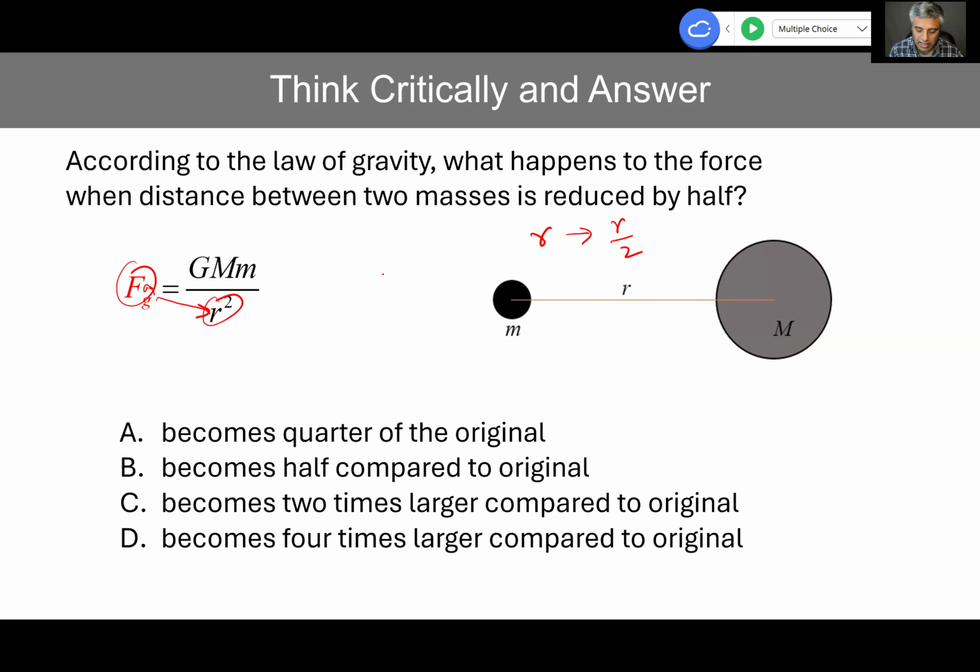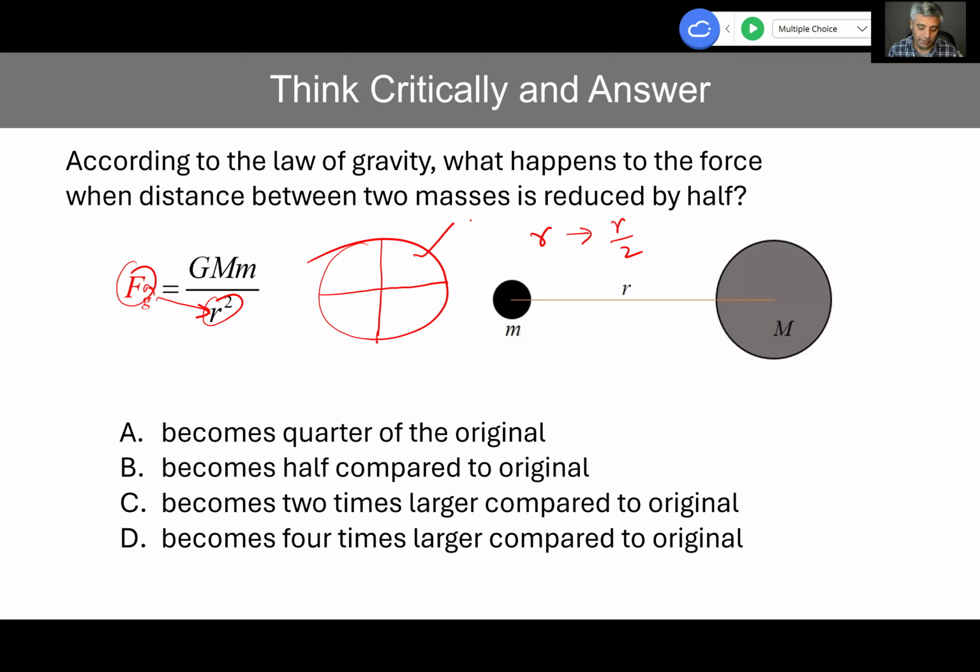When we divide by a larger number, the result is going to be a smaller number, like a pizza. If you divide a pizza into 2 pieces, each piece is going to have that size. But if you divide it into 4 pieces, each piece is going to have a smaller size.